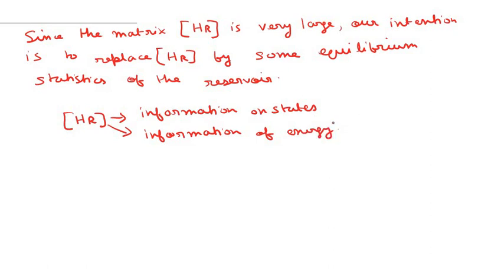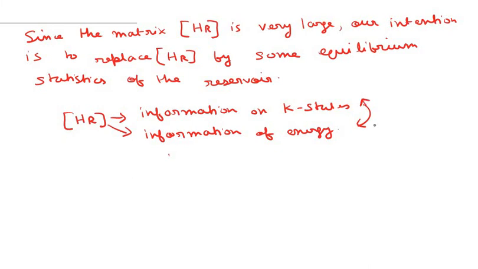Okay, so it gives us information on states, information on the energy, and the relation between these states and energy. So I will just put an arrow over here to denote that it also gives information between states and energy.